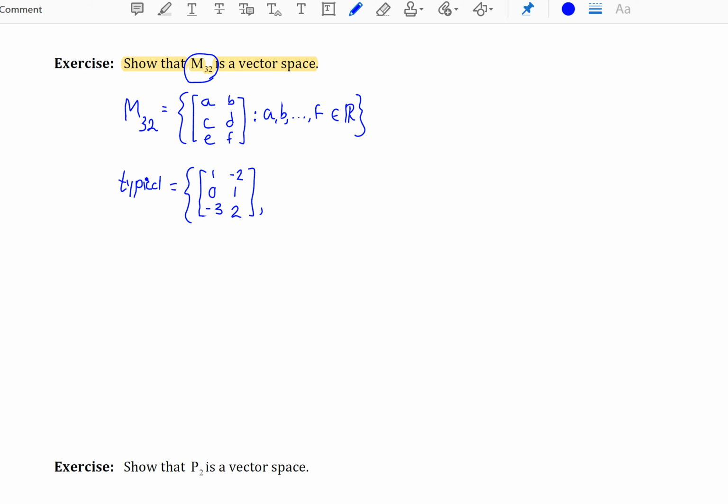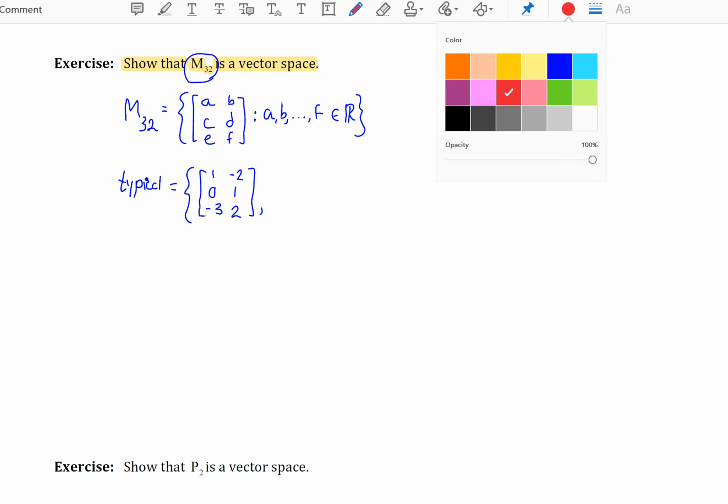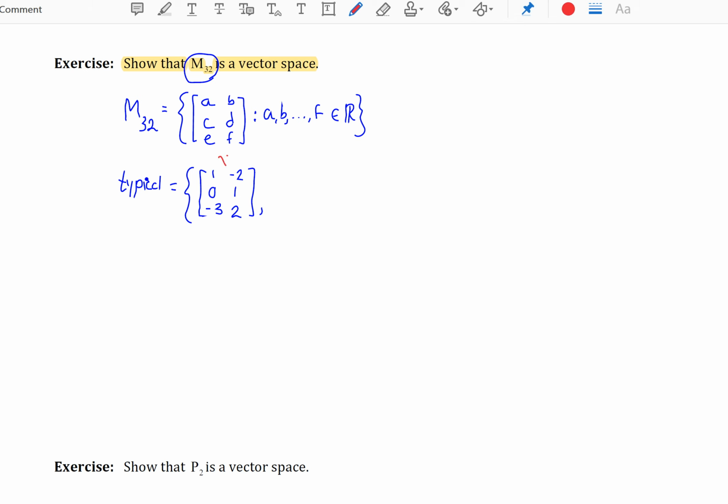However, if this is your vector, and let's call this vector x, the negative of x has to be in there. So we would also have to have -1, +2, 0, -1, +3, -2.